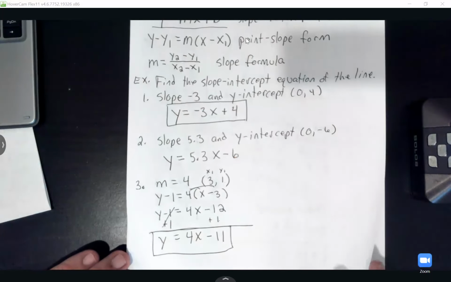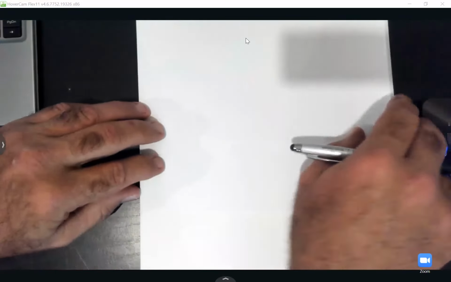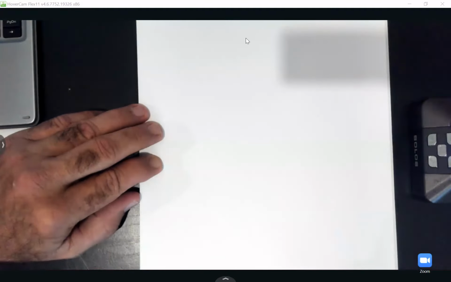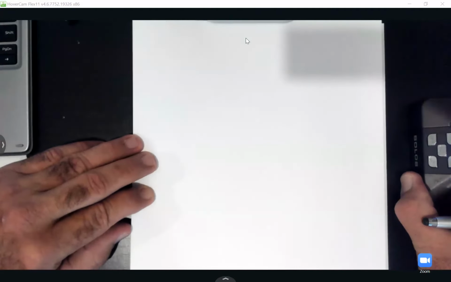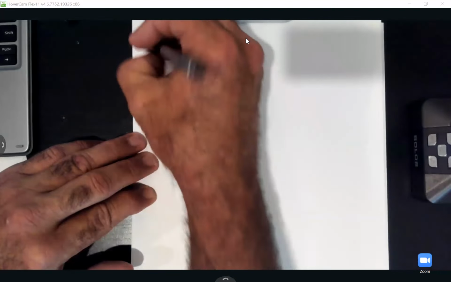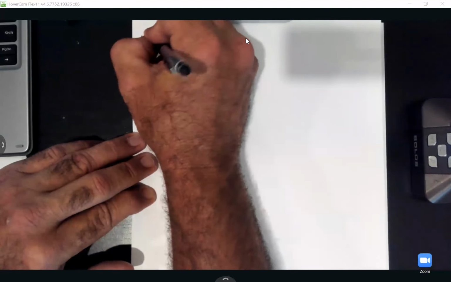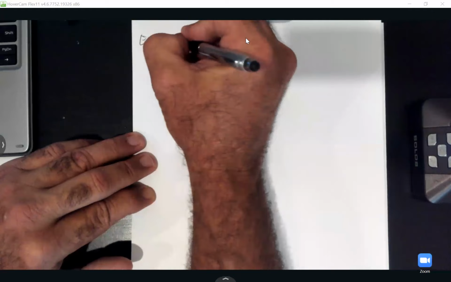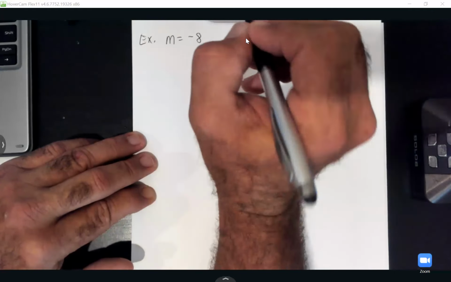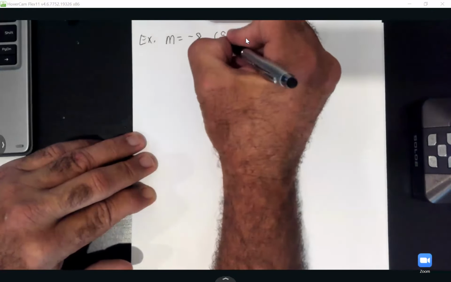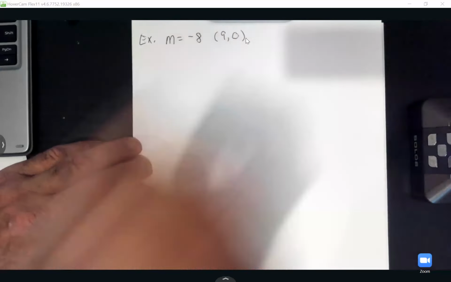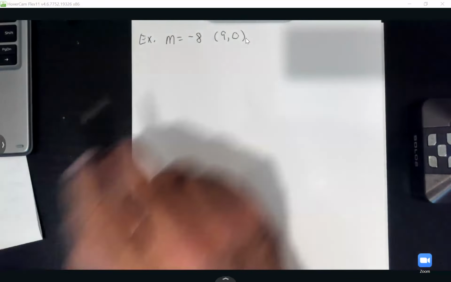All right, y'all, let's try this again. And let me get my paper turned over for us. All right, so on this one, y'all, let's see if my camera's up. There you go. On this one, they're giving me m equals -8, and they're giving me the point (9, 0). But y'all, they're messing with you.